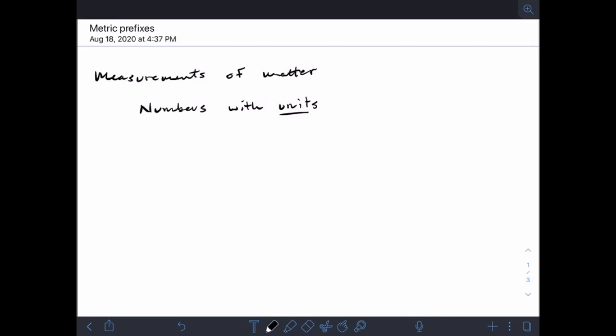And what we have are what we call SI units, which stands for Système International d'Unités, which basically means International System of Units.